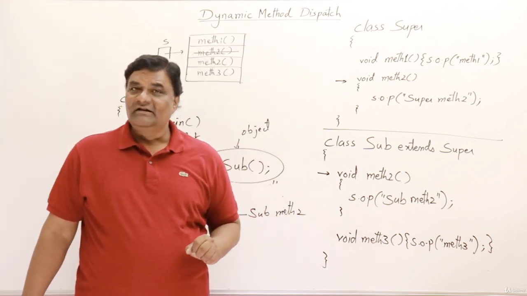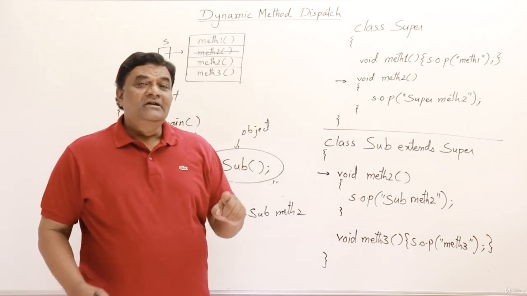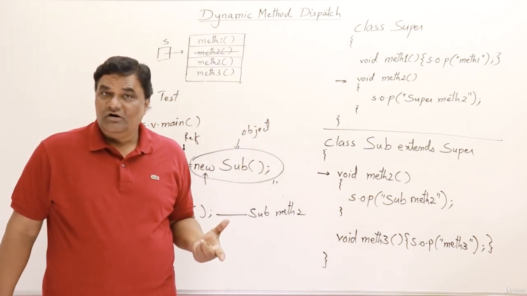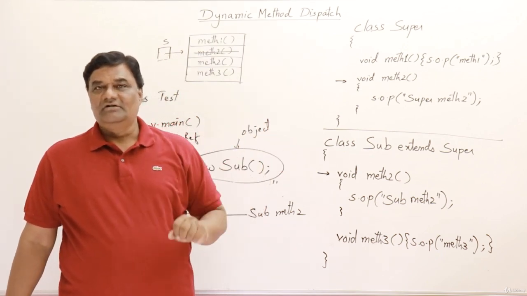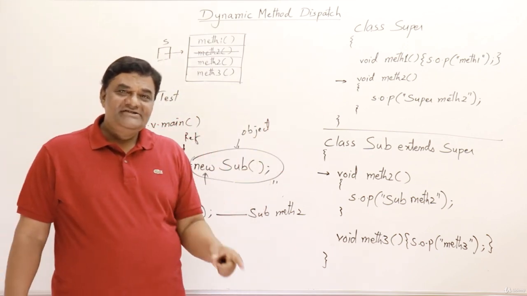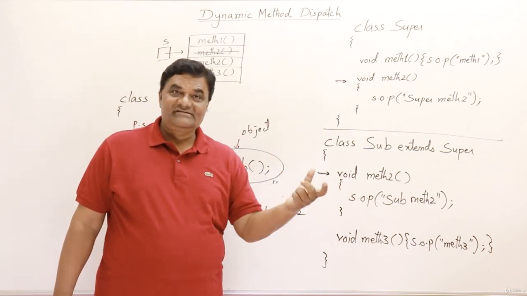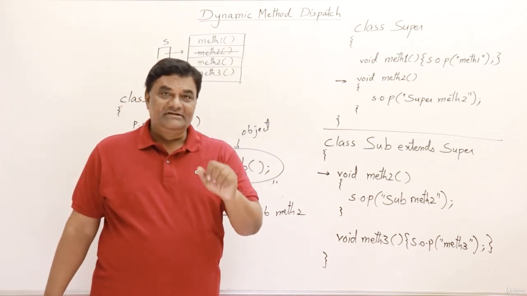We know very well that objects are created in the heap dynamically. So the object will be created at runtime in the heap. So until runtime, we cannot decide which method to call. At runtime, depending on the object, the method will be called. So the program will take a decision at runtime about which method should be called. It will see whose object is attached to this superclass reference and it will call that method.